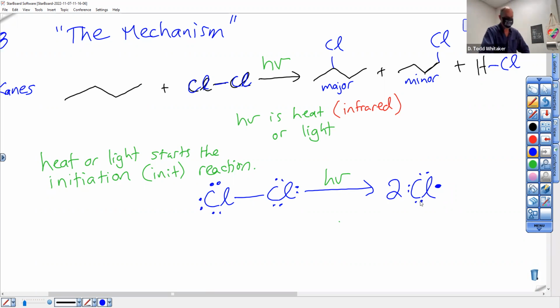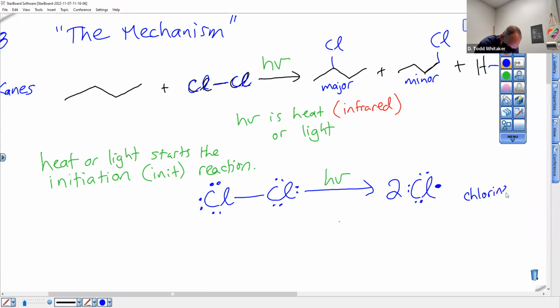And this is why chlorine doesn't like being chlorine without another chlorine, because it's got an unpaired electron. And chlorine with an unpaired electron has another name, starts with an R, ends with an L, radical.